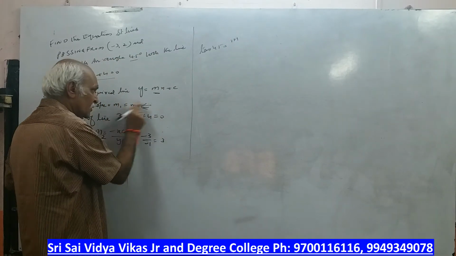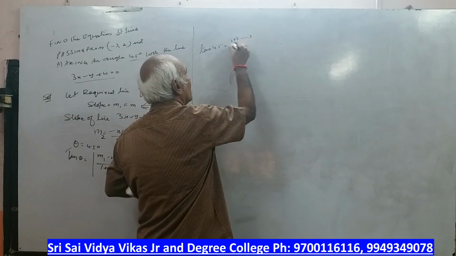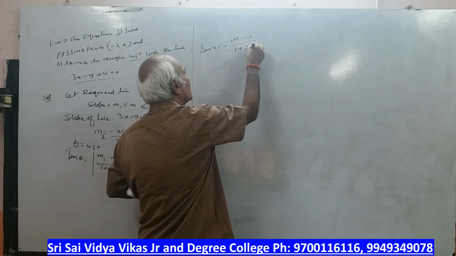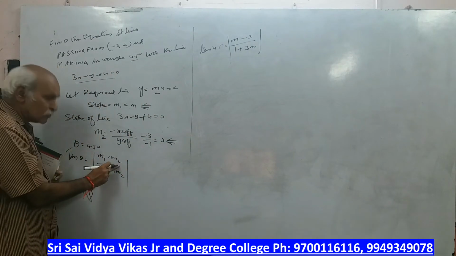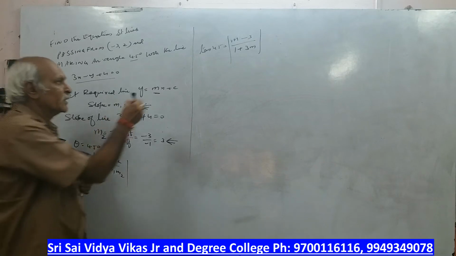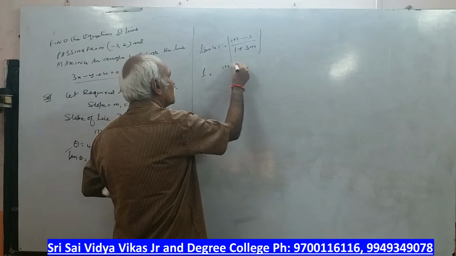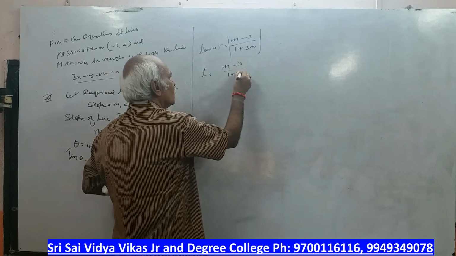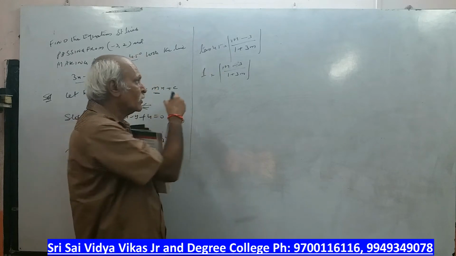Here I have put an arrow. And what is the m2 value? 3. So it becomes m minus 3 by 1 plus 3m. I have replaced m1 with m, m2 with 3. Then 1 plus m1 m2 gives 3m. Tan 45 is equal to what, sir? 1 is m minus 3 by 1 plus 3m. Okay, so we got this. Now modulus is there.